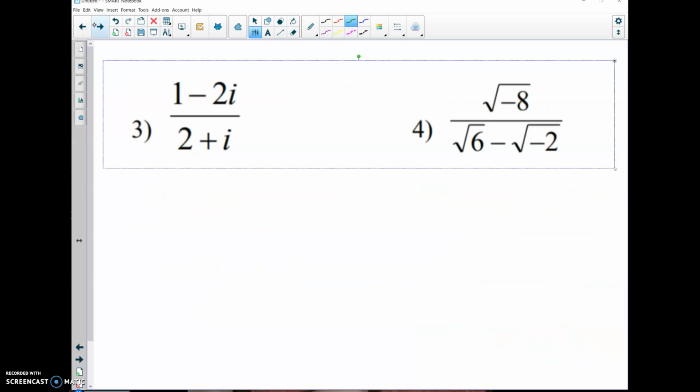All right, what happens when we have two pieces in the denominator? Think back to when we had two terms in the denominator with a square root, and we had the conjugate. Now these conjugates have complex numbers, so these are what we call complex conjugates. So 2 plus i, its conjugate to get rid of i is going to be 2 minus i.